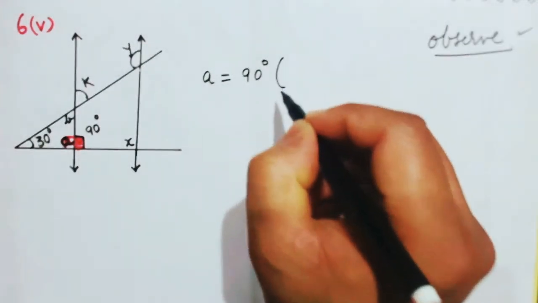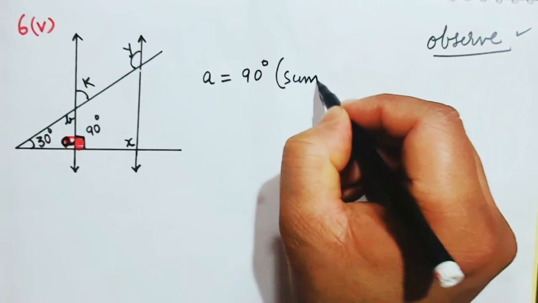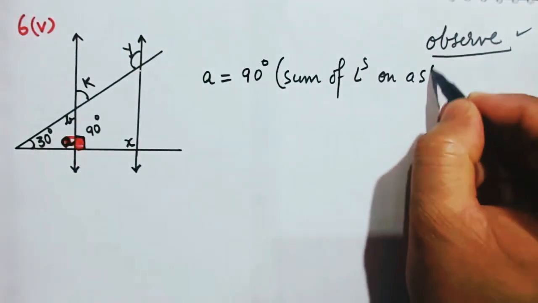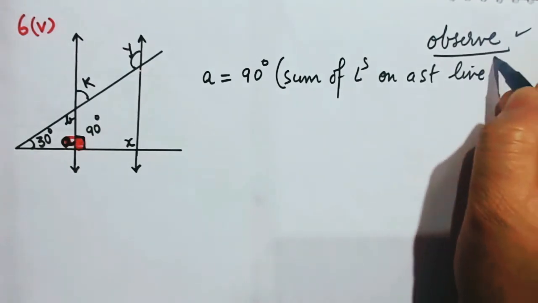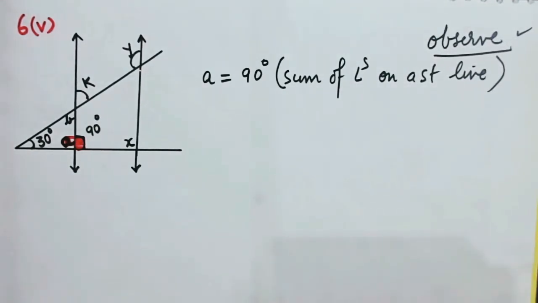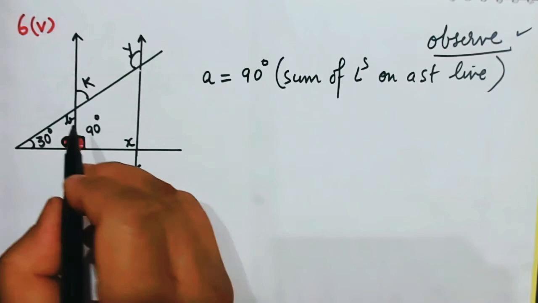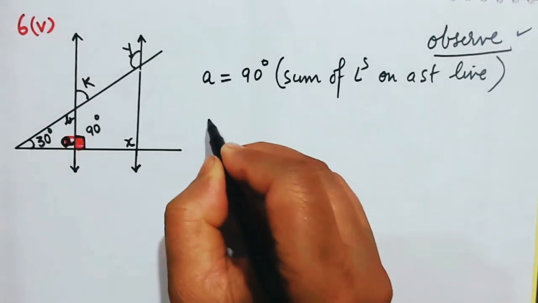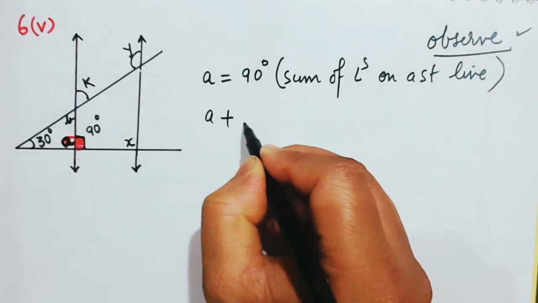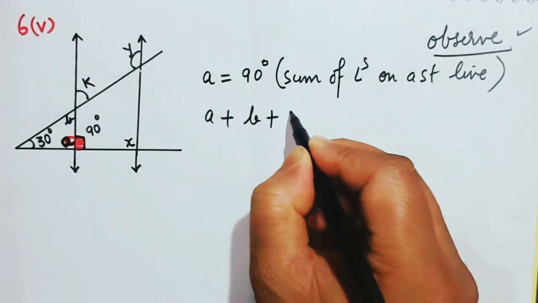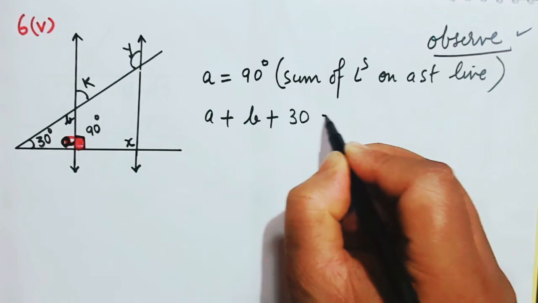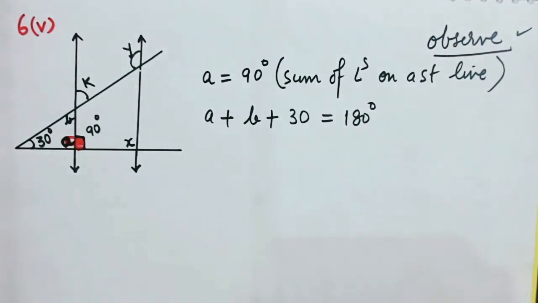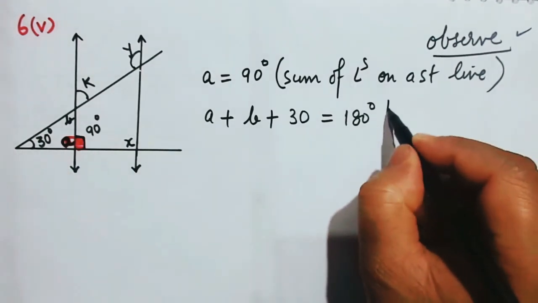We'll write that the sum of angles on a straight line, so that there should be no one who can object to us. Now A plus B plus 30 will be equal to 180 degrees. Why?